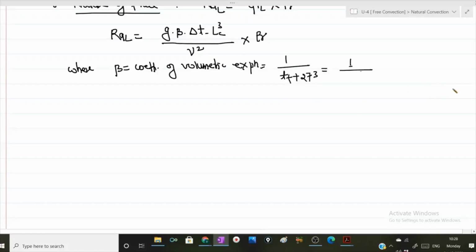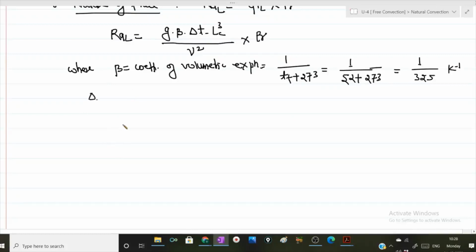Mean film temperature is 52 degrees Celsius plus 273, so it comes out 1 over 325 Kelvin inverse. 1 upon Kelvin means Kelvin inverse.